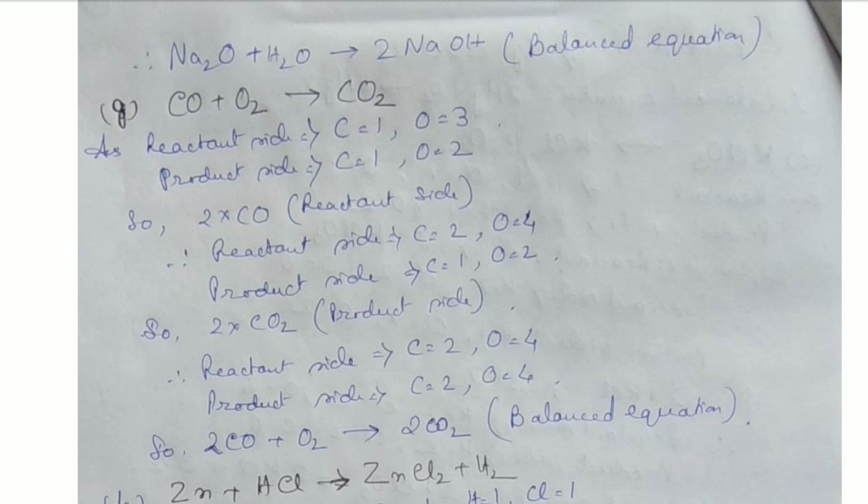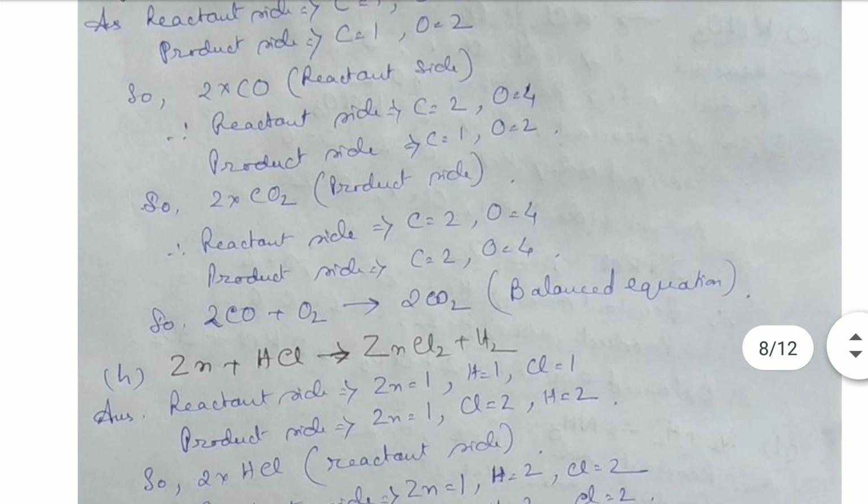But on the product side C is equal to 1 and O is 2. So now we multiply the product side, that is CO2, by 2. So the product side becomes C is equal to 2 and O is equal to 4. Therefore the reactant side is C is equal to 2, O is equal to 4, and the product side is also C is equal to 2 and O is equal to 4.